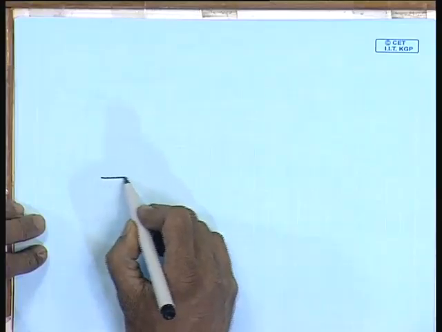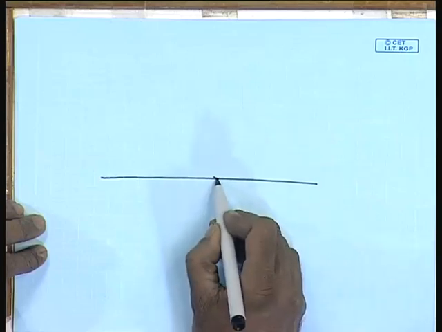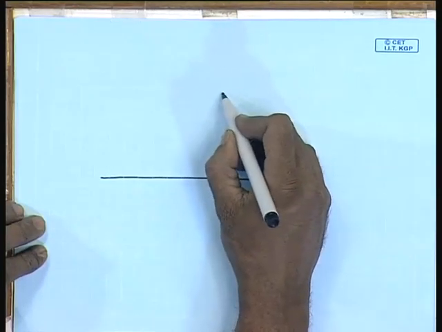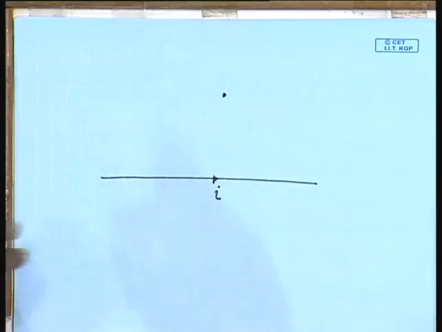We all know that if a conductor carries some current I, then at a point near the conductor there will be a magnetic field.